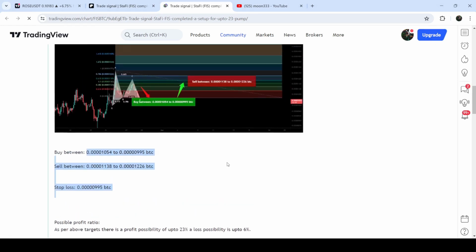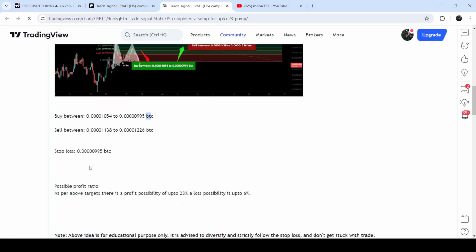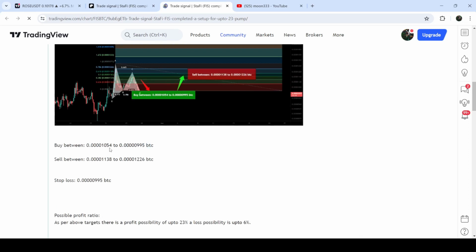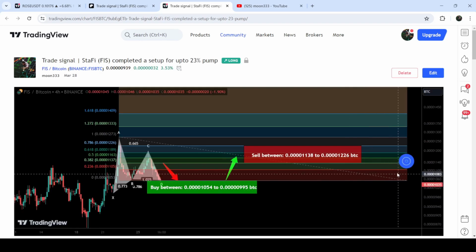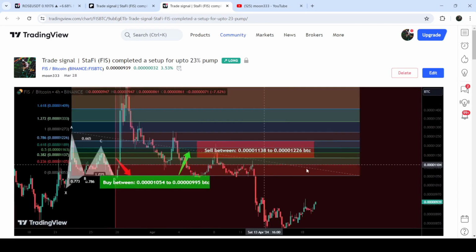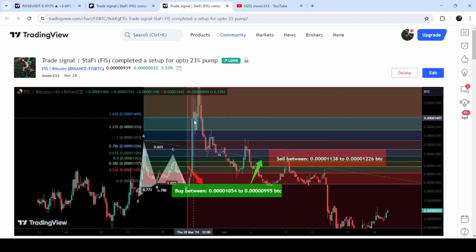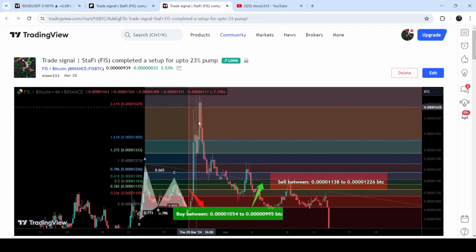By the way, this move was formed with the Bitcoin pair. Therefore, these targets are with Bitcoin, and these were the buying ranges, and this was the sell target zone, and this was the stop loss. And now, if I play this chart, then you can see that the price started a very nice reversal from this buying zone, and we had a very powerful pump and rallied beyond the sell target zone.